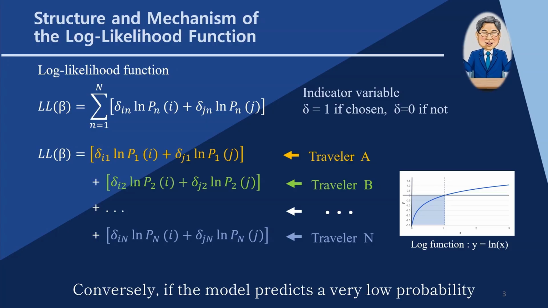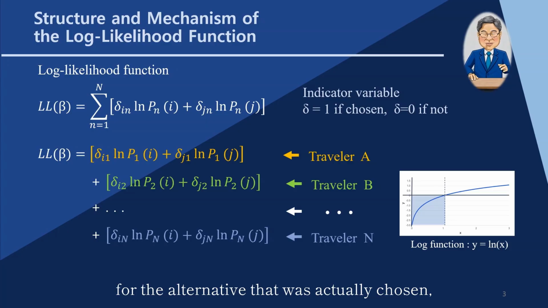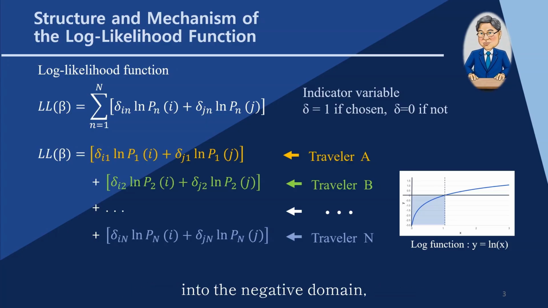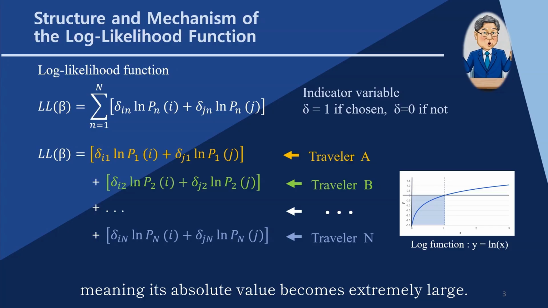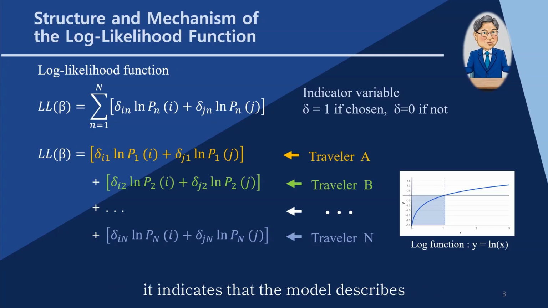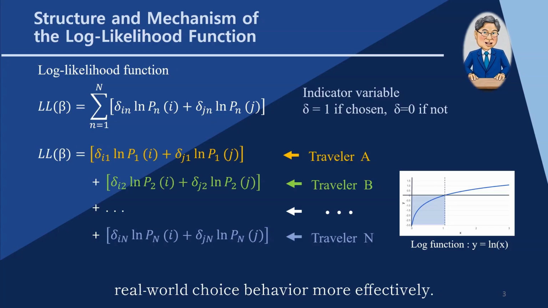Conversely, if the model predicts a very low probability for the alternative that was actually chosen, the log likelihood value will move deeper into the negative domain, meaning its absolute value becomes extremely large. In conclusion, as the total sum of the log likelihood function across all travelers approaches 0, it indicates that the model describes real-world choice behavior more effectively.